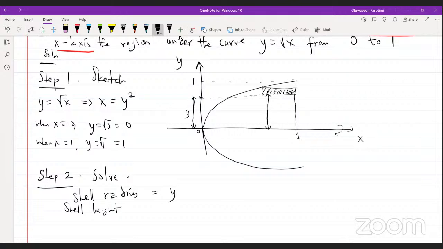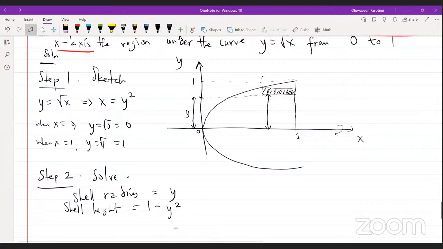So what is going to be the shell height? The shell height pretty much is going to be 1 minus y squared.